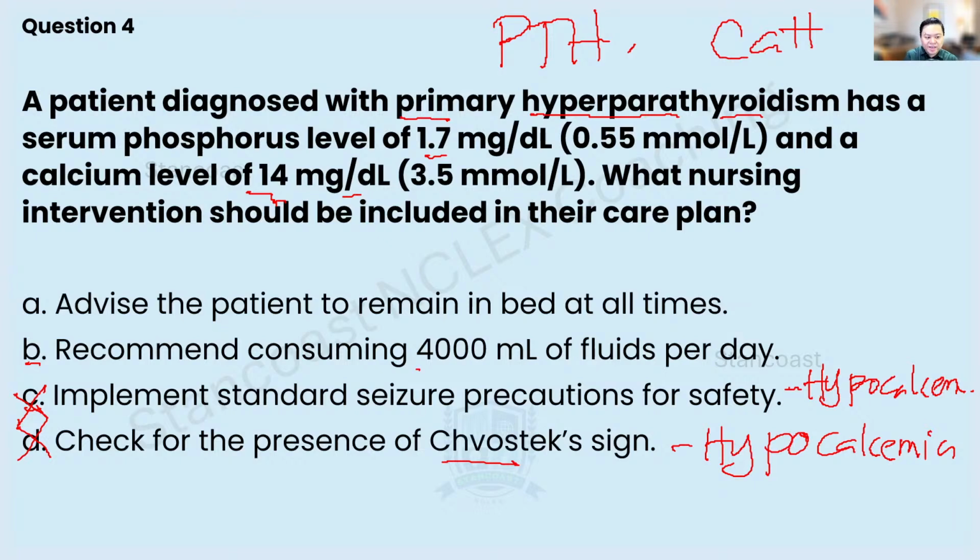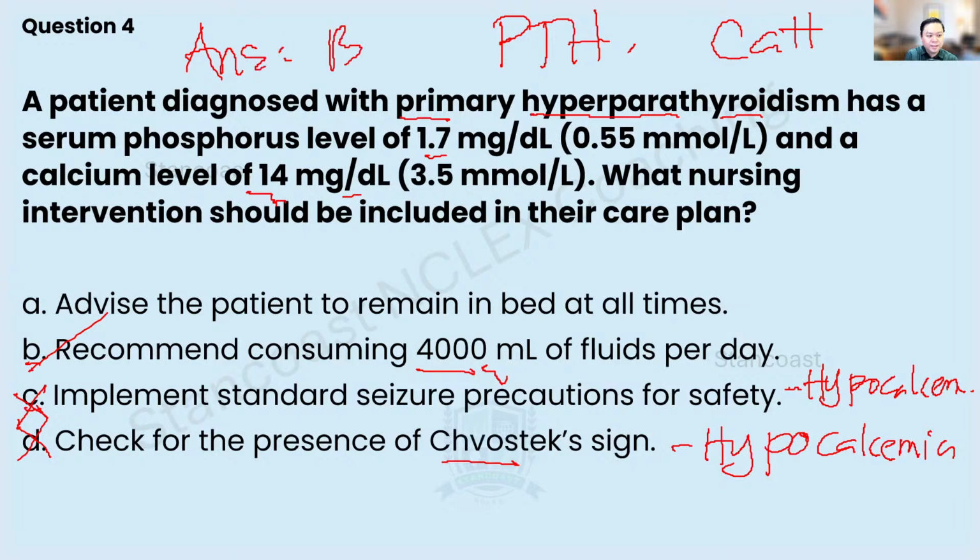Allowing them to take in at least 4 liters of fluids per day will prevent that. This is not done in one setting. No, this is to be distributed over the 24-hour period. This will allow flushing of the calcium in the kidneys. So that is the correct answer.